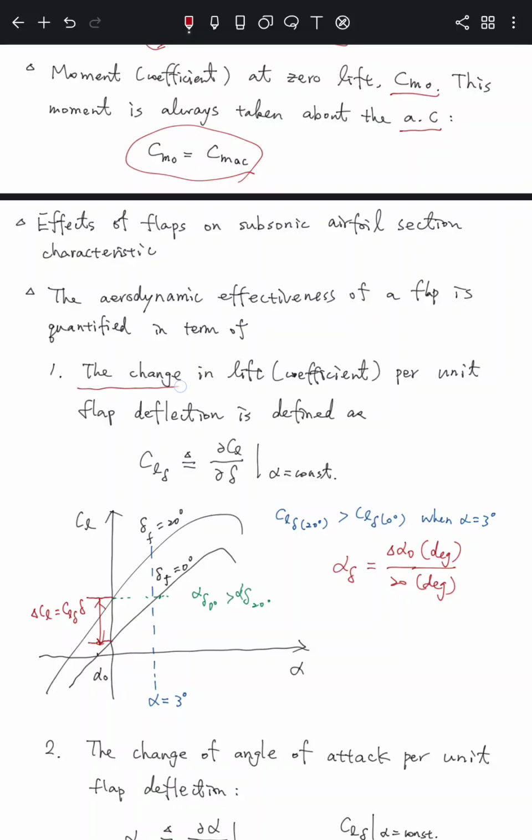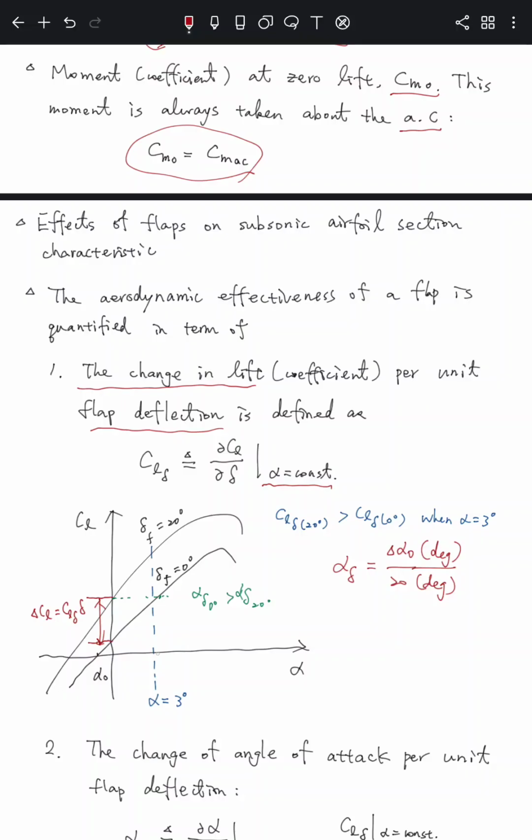The first one is the change in lift per unit flap deflection, defined as CL delta, equal to partial CL over partial delta at a constant angle of attack.